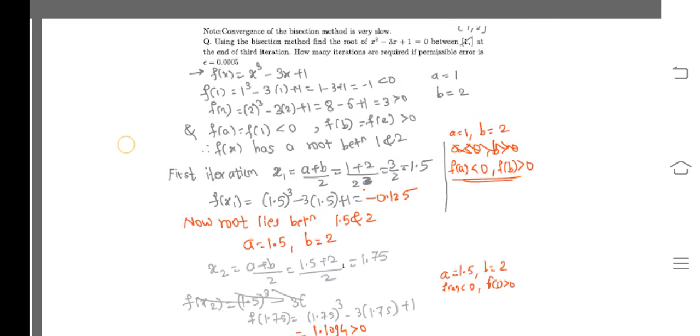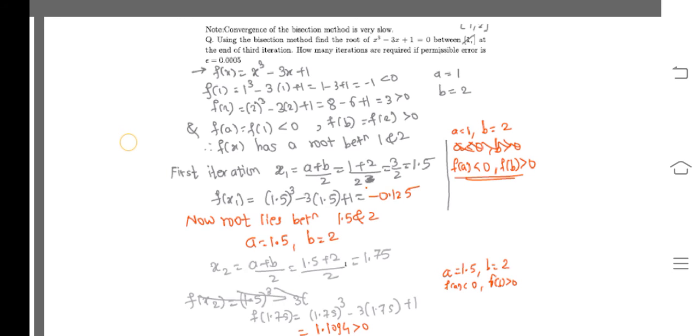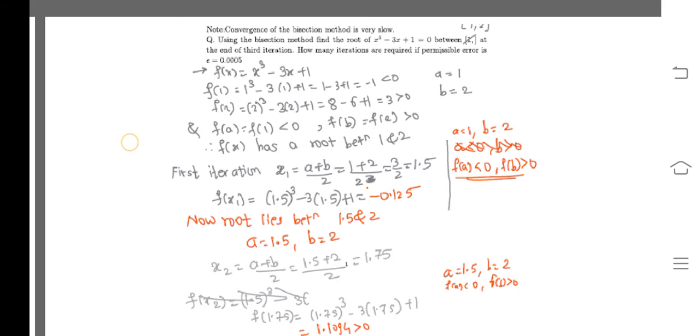Let's move further. Note that the convergence of the bisection method is very slow.